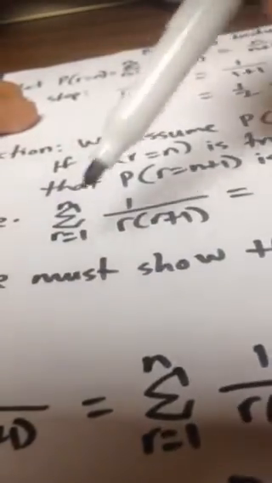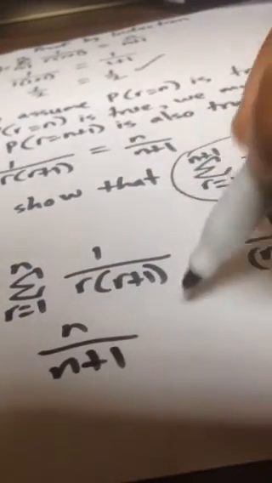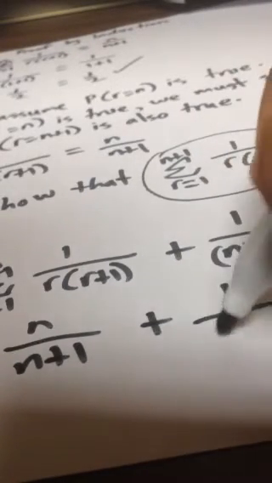By our assumption, this is equal to n over n plus 1. Remember, that's the assumption we made up here. So this reduces to n over n plus 1 plus 1 over n plus 1, and this is going to be n plus 2.